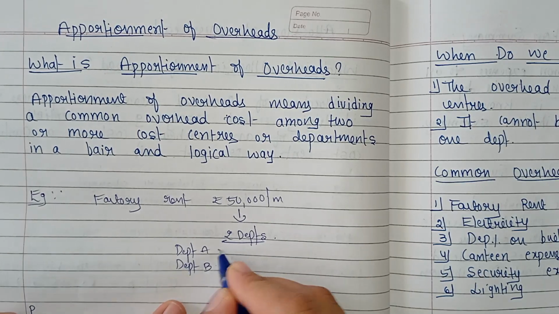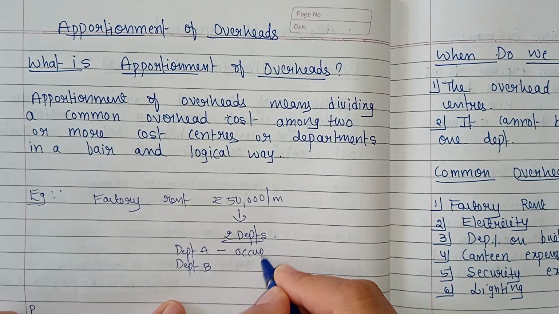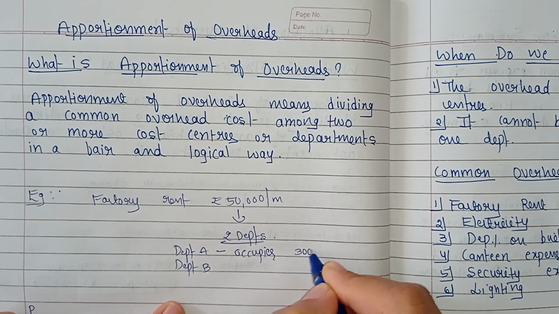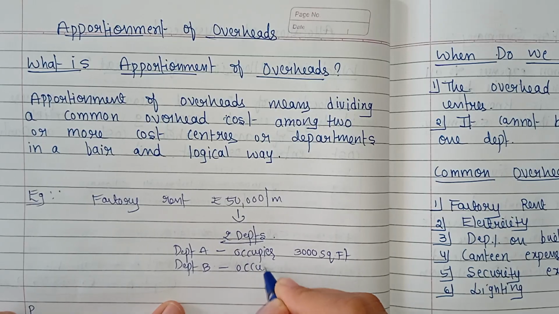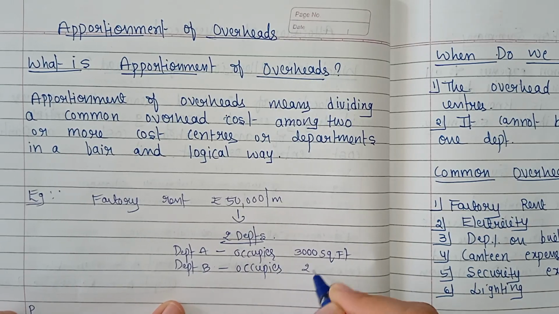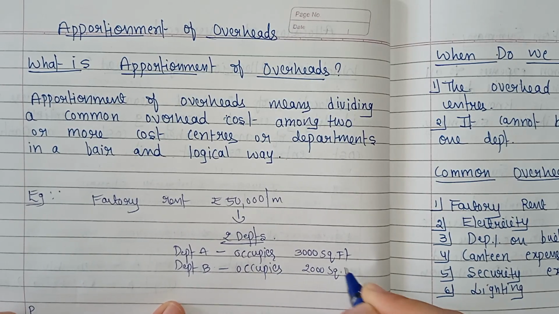Clear? See, department A occupies 3000 square feet and department B occupies 2000 square feet.